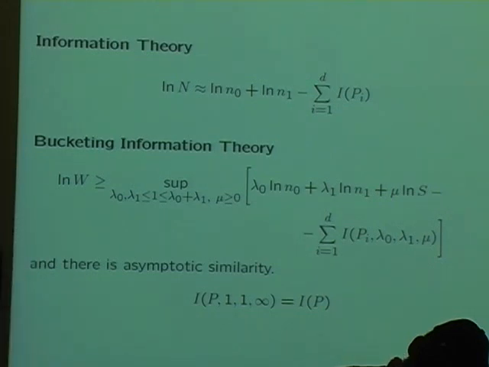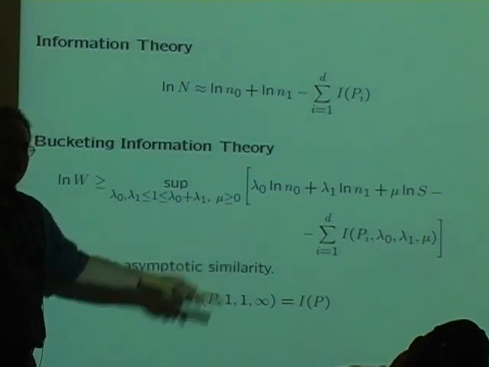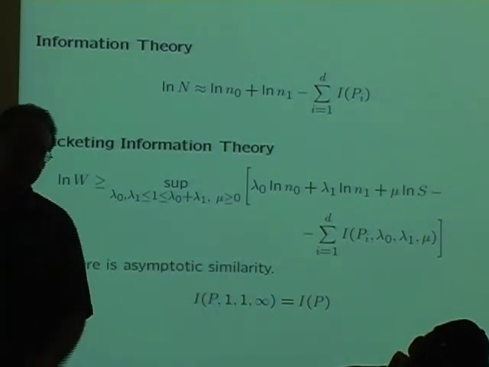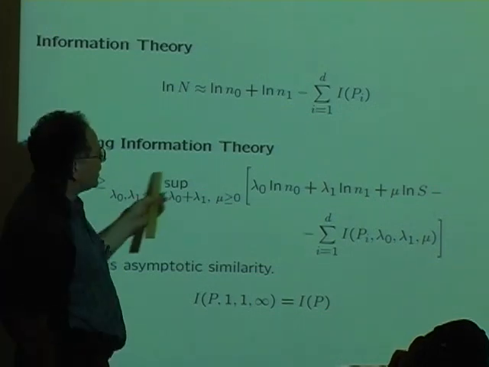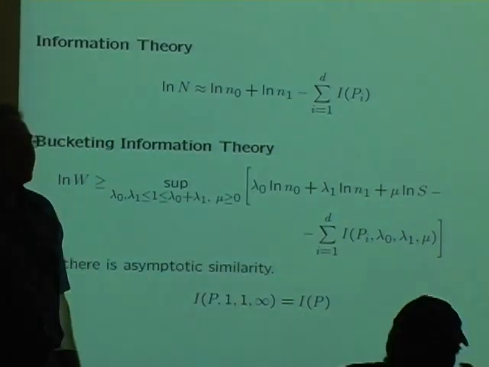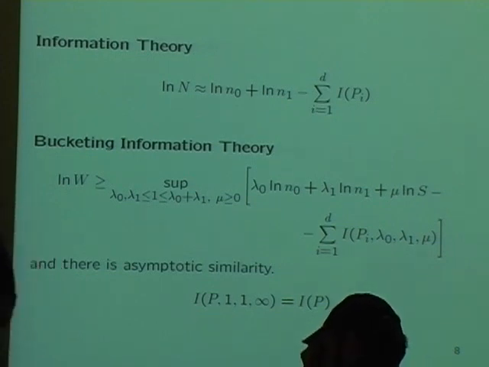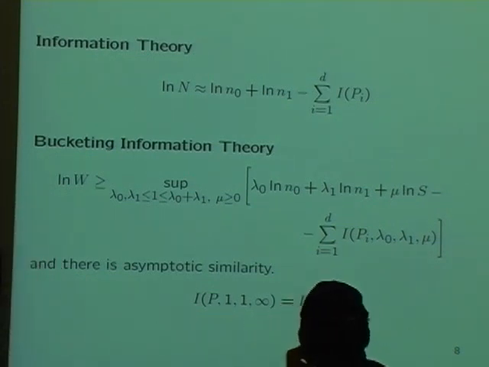So the way it's proven is also a bit reminiscent of information theory: the lower bound is proven by an information-like inequality. And the upper bound, the claim that we can achieve such a thing, is by constructing a random bucketing code.